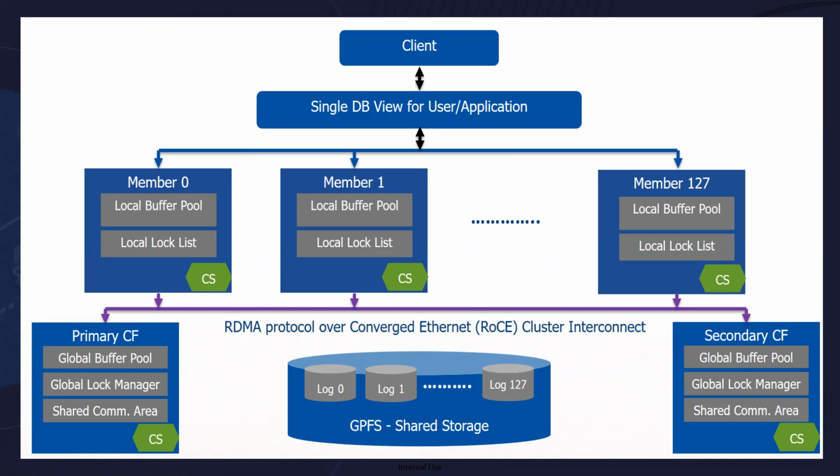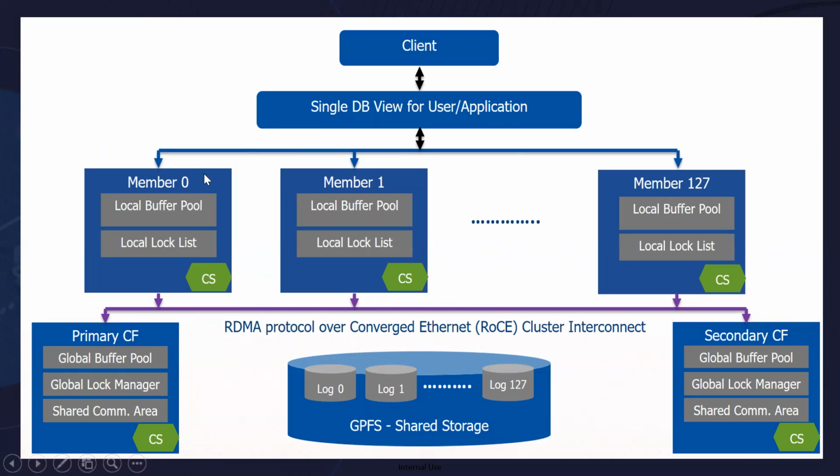That was the earlier version of RDMA support, but now from 11.5 or even 10.5, we also support RoCE, right? That's RDMA protocol over converged Ethernet network, and also TCP/IP protocol over Ethernet. Those are also supported as part of the RDMA protocol support, or the interconnect support.